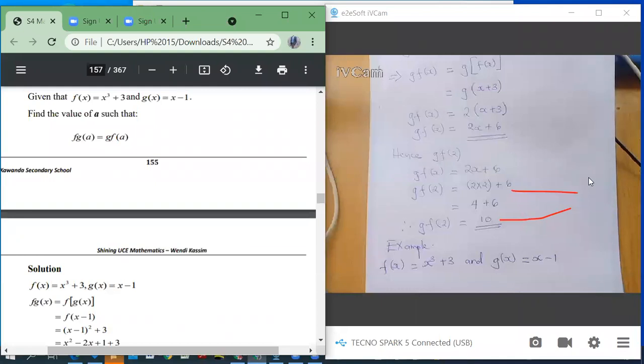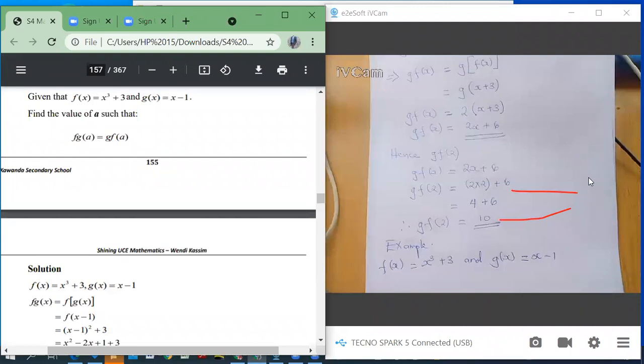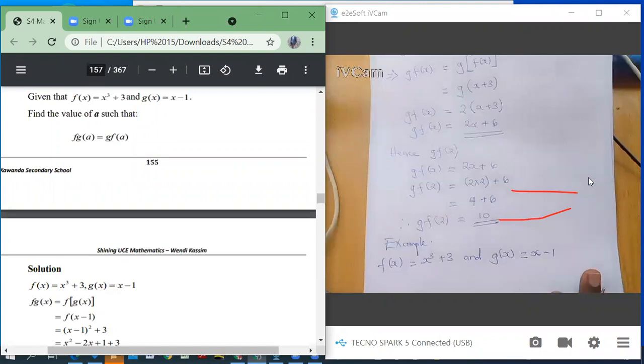Now they want us to find the value of a. Which type of function is this? If you remember very well, conditional functions. Because when we were doing the first example, we discovered that they are like matrices.